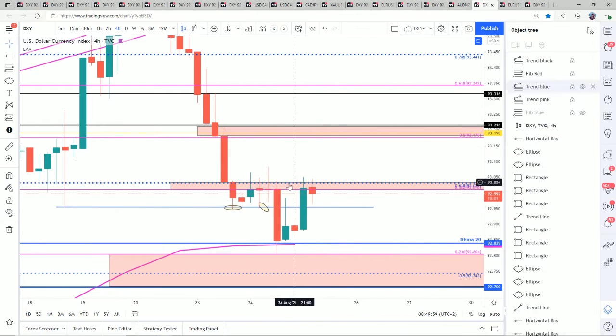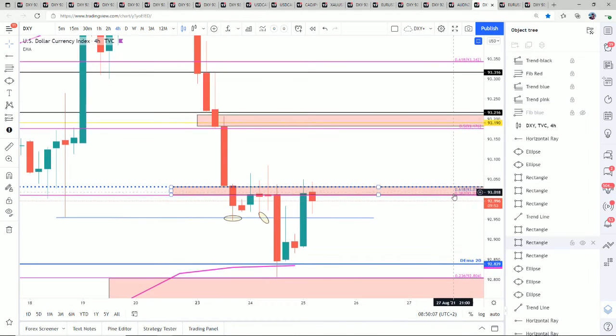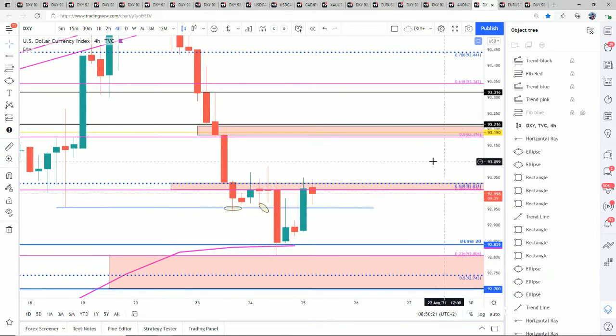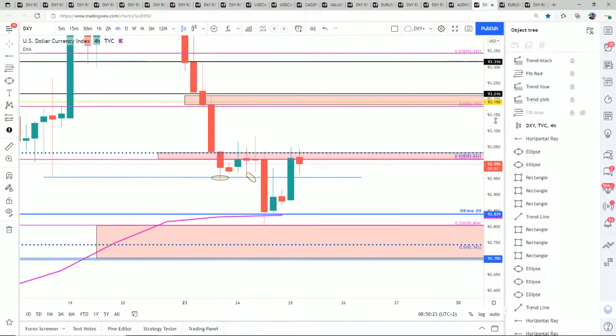Now, what we need to do, and you see it very well on this 4-hour chart, is break this 61.8 and 38.2 extension. We need to break this area. As soon as we open and close above it on a 4-hour time frame basis, we will start to run higher. And that's what I'm really convinced that we will see.